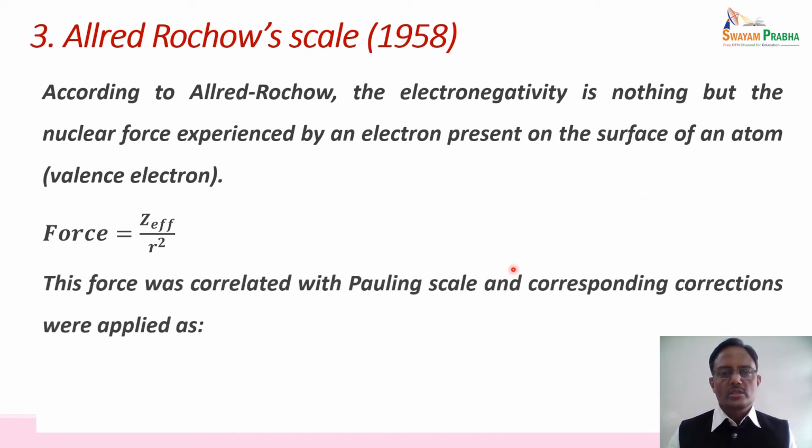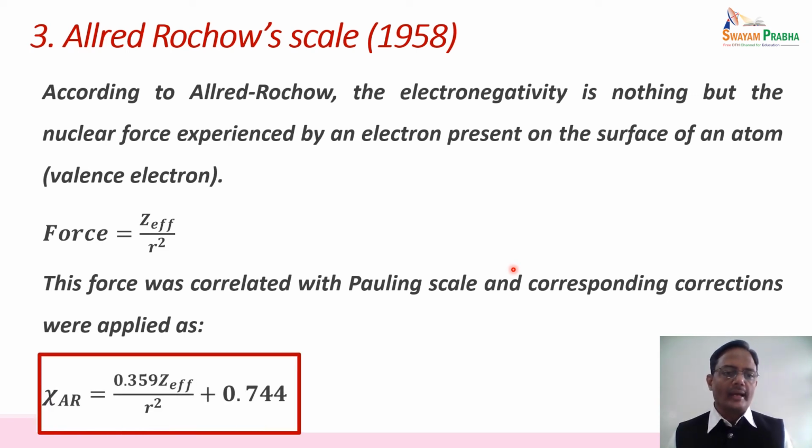Now, this force was correlated with the Pauling scale and a corresponding correction was applied, so according to the Allred-Rochow scale, the value of electronegativity chi is equal to 0.359 Z effective upon R square plus 0.744. When these values were calculated, they were found to be in close proximity with the Pauling scale values.